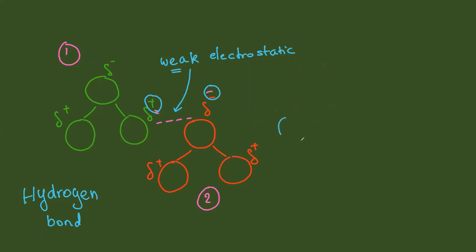Here I'm going to put the oxygen. Let me put the hydrogens here. So I have here slightly negative, slightly positive, slightly positive. So I'm going to find again a hydrogen bond between these. And here, slightly positive and slightly negative. But what does this mean?